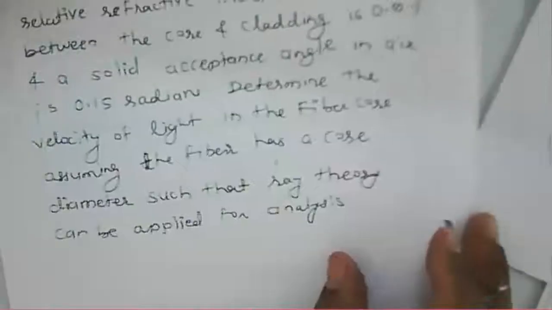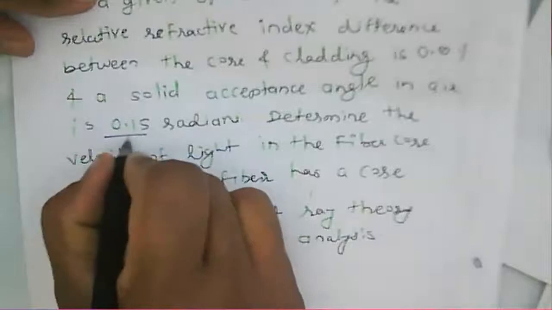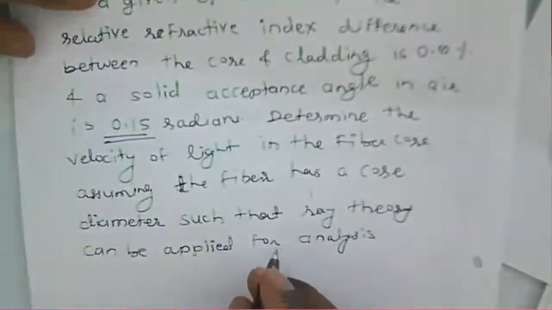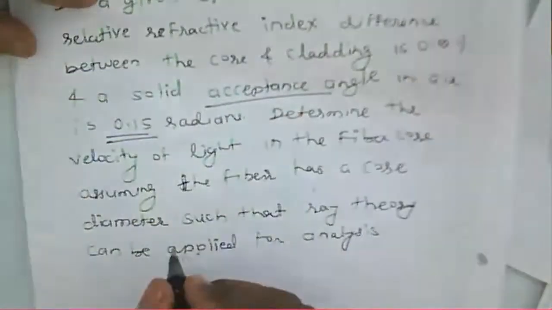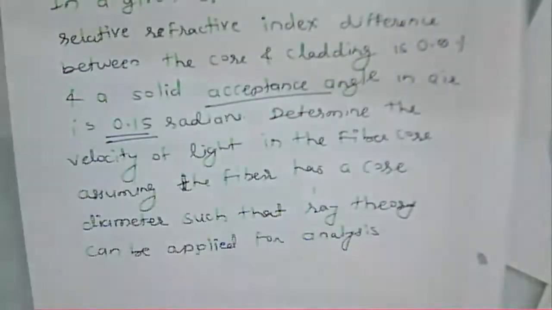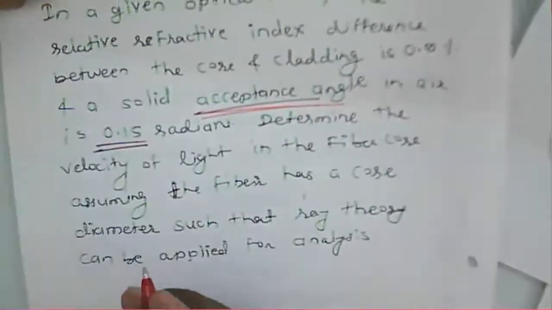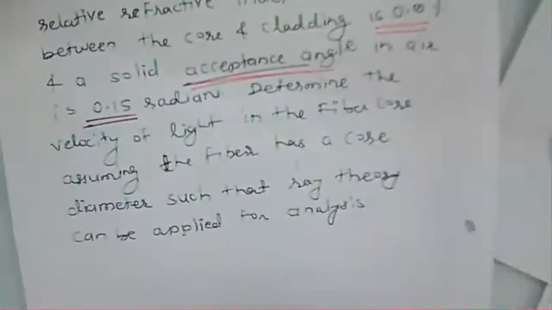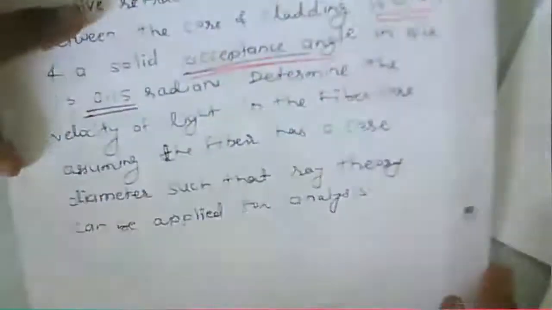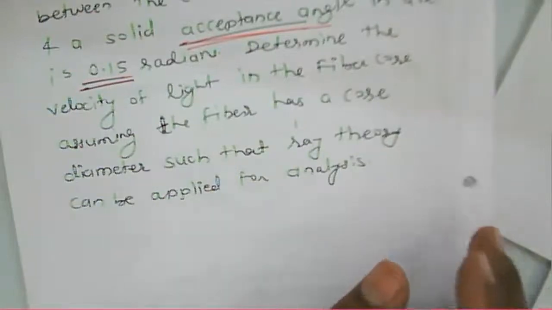Now in this numerical, if you see, it is given that the solid acceptance angle in air is about 0.15 radian. Okay, this one is about the acceptance angle, 0.15 radian, and the refractive index difference of 0.9% is given. If it is 1%, okay, we can say that there will be a different value.